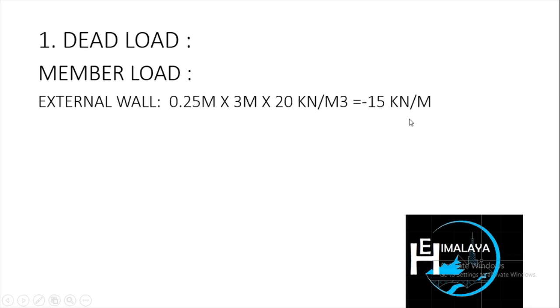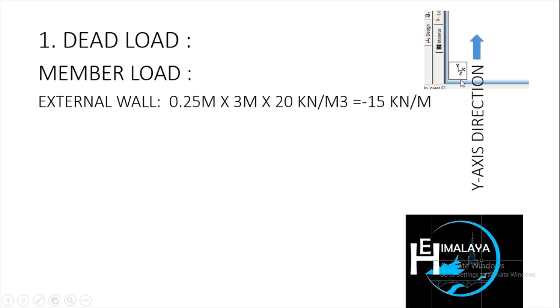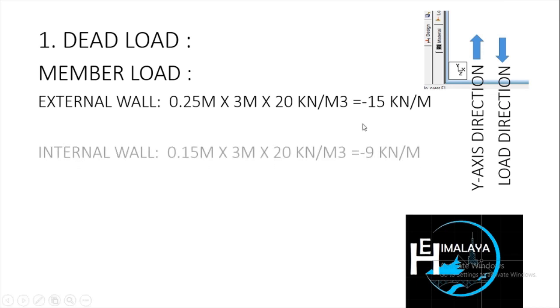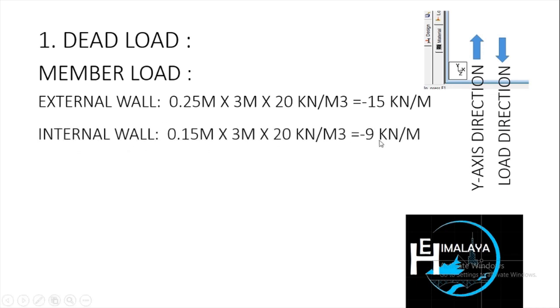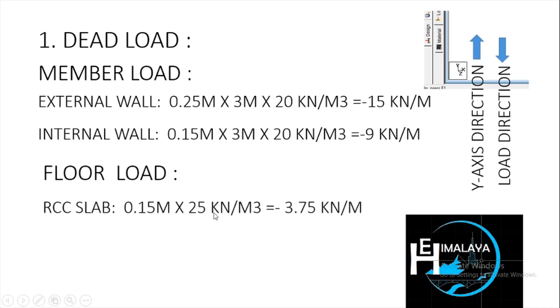We have assigned negative 15 because our global axis Y direction is upward, and our load direction should be downward. That's why it's negative. Similarly, the internal wall is negative 9.